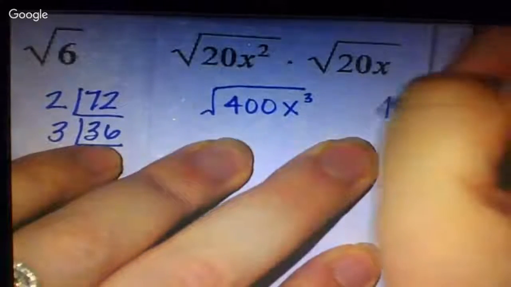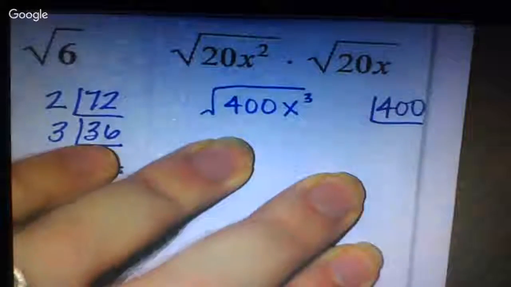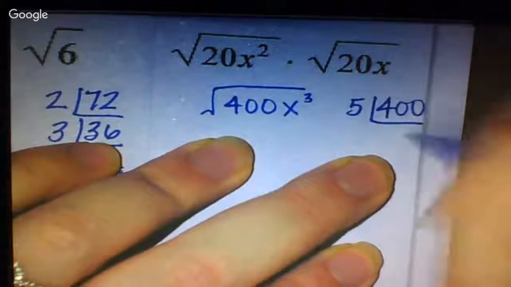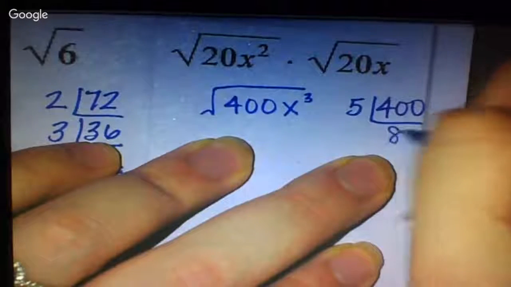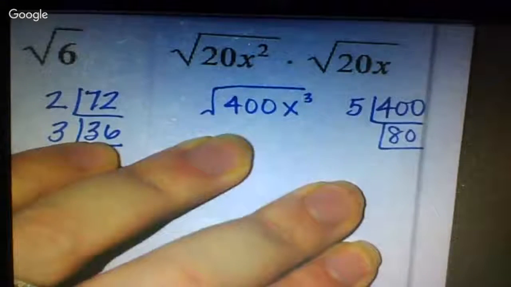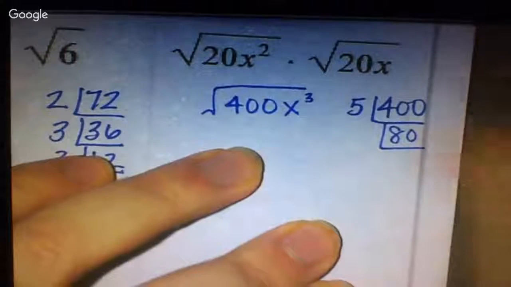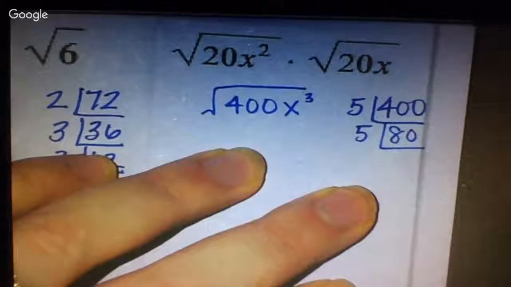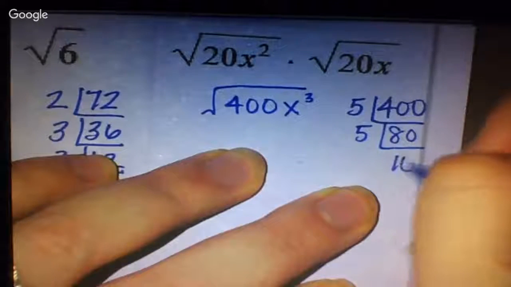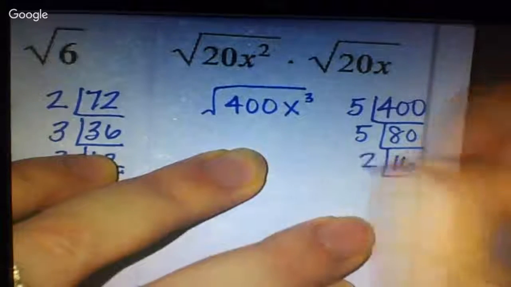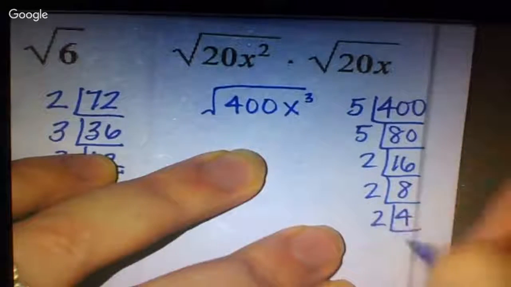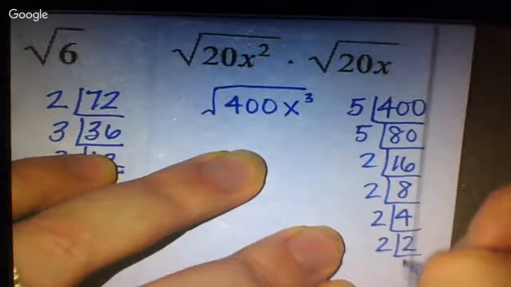All right. So if I break down 400, 5 and 80. 80 is broken down by 5. 2 and 2. 2 and 2. 2 and 1.